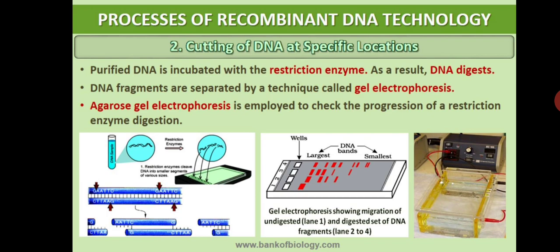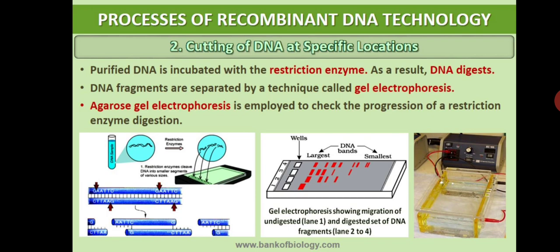It is a palindromic sequence which is recognized by the restriction enzyme EcoR1, which cuts this specific recognized sequence in between the G and A. Understood? Okay, this is the diagram. The restriction enzyme EcoR1 cuts the specific recognized site, the palindromic sequence GAATTC.